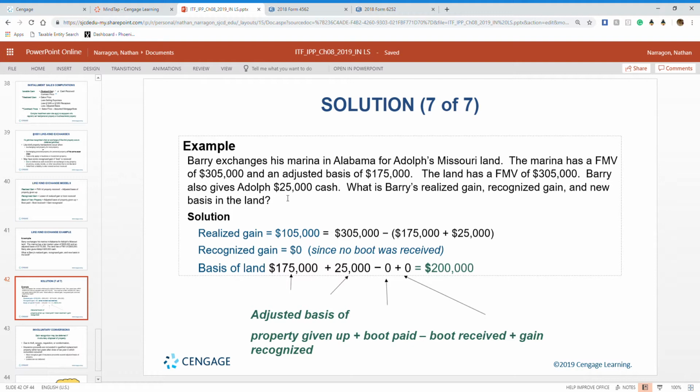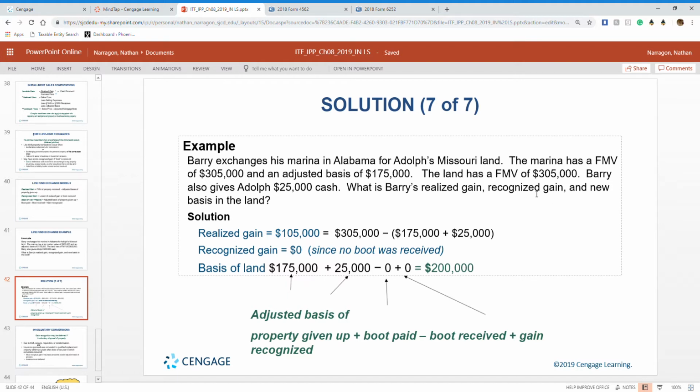He did receive cash, so it's almost $305,000 minus a negative 25. So it's actually, he realized a gain of land plus cash, so about $330,000. The recognized gain is going to be the $25,000, because he received boot.